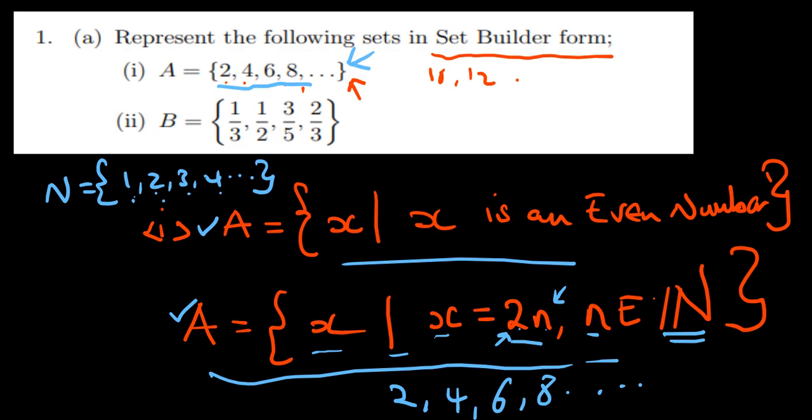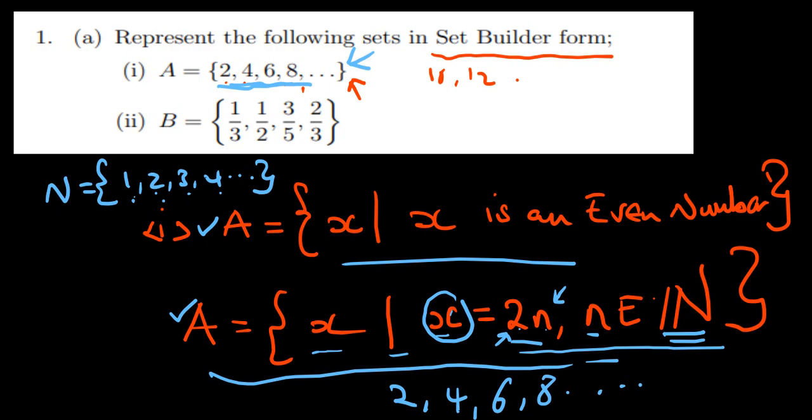So this form here is also correct because it describes this x as an even number. Another way you can think of it, if you are representing sets in set builder form, is that you are trying to find a formula for the elements that are in this set.